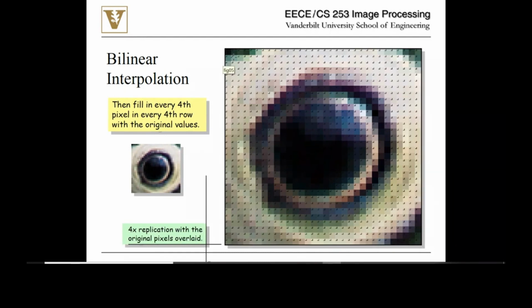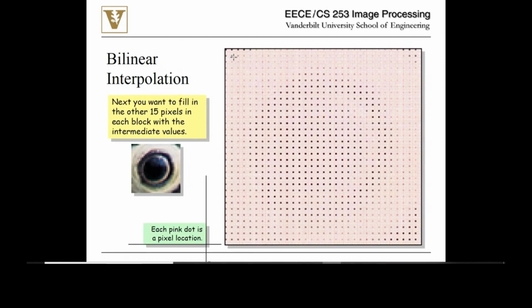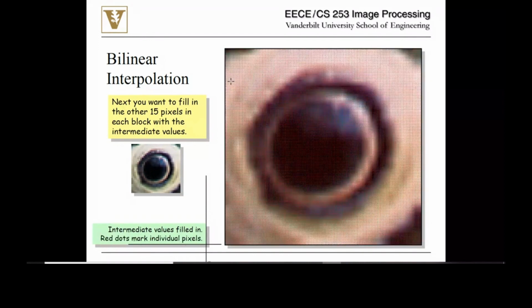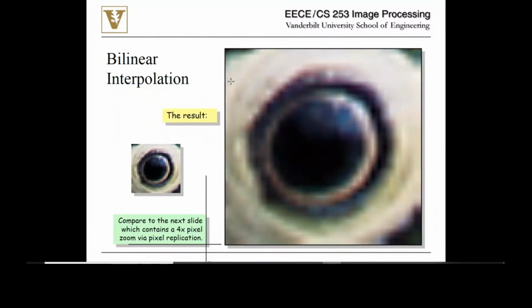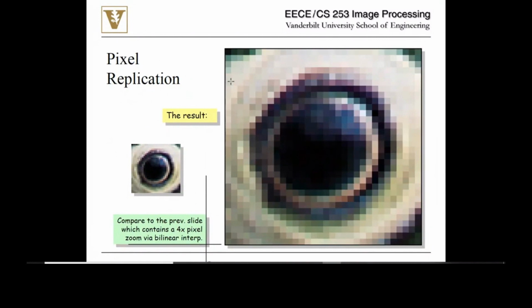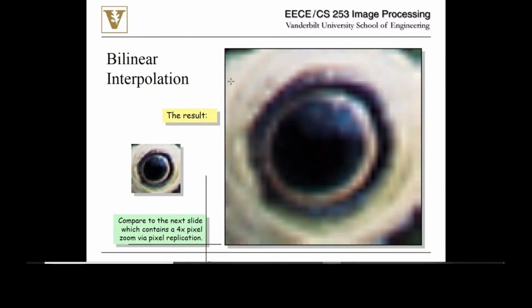But now we can apply the bilinear interpolation. For the bilinear interpolation, we have these points, the ones with colors, and the ones in red are the zeros. So now we fit that plane, evaluate the plane, and this is what we get. And you can compare to the nearest neighbor interpolation. This one is smoother.